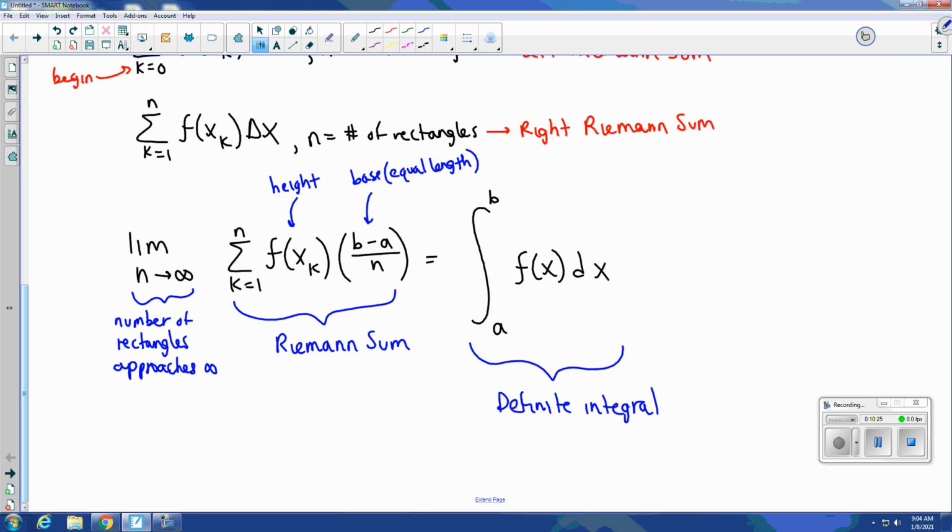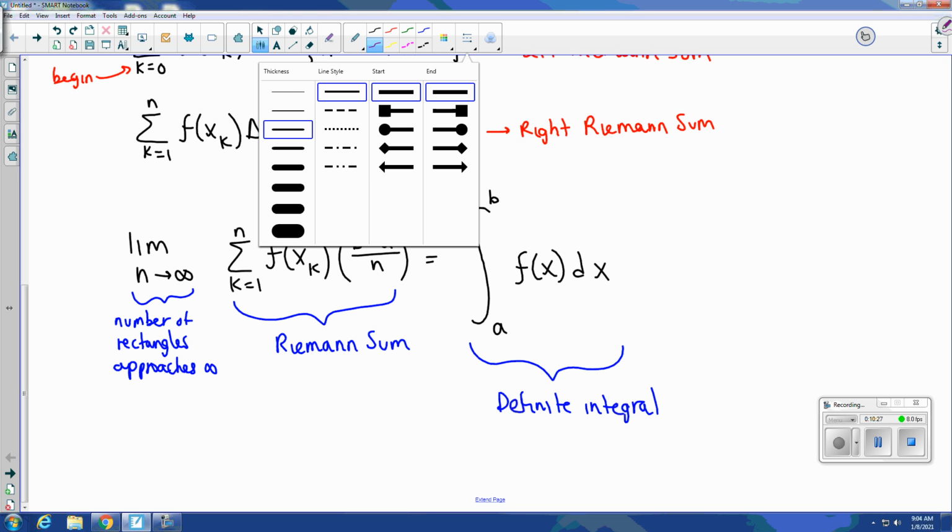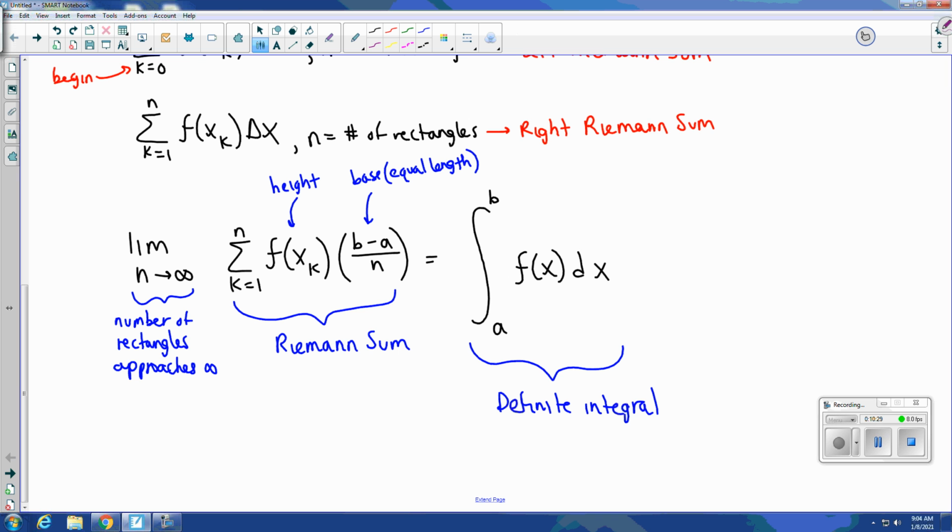And let's break down the pieces of the definite integral. This a value is the lower limit, or the starting point of the interval. The upper limit. F of x, this notation inside here, this is your integrand.